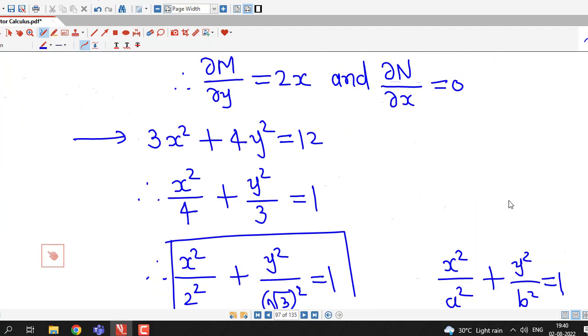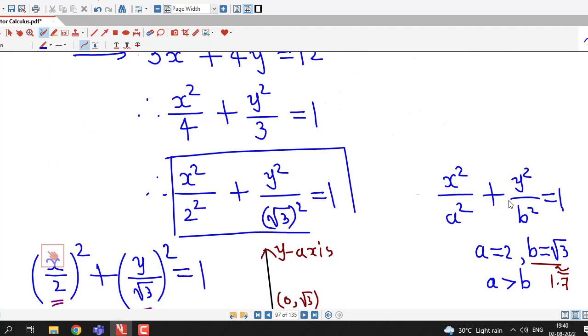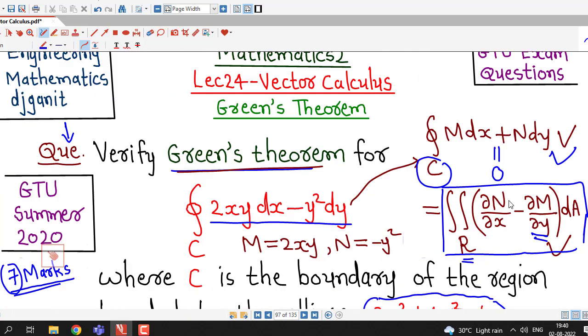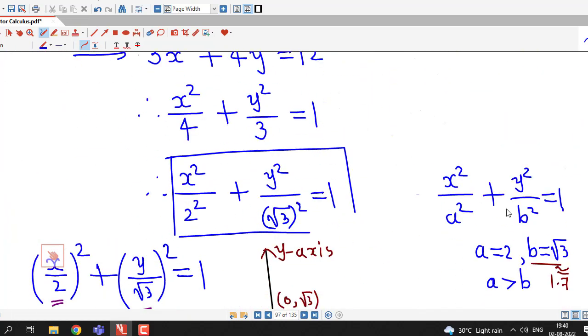Now for double integral we will have to decide the limits of integration. For that we rewrite our curve, which is ellipse, in another form.